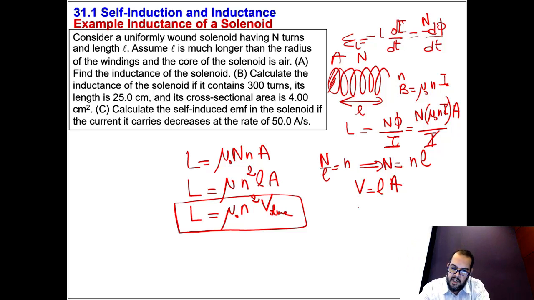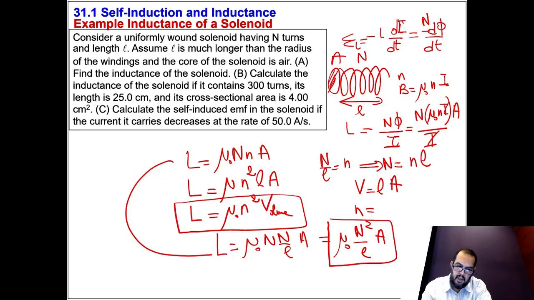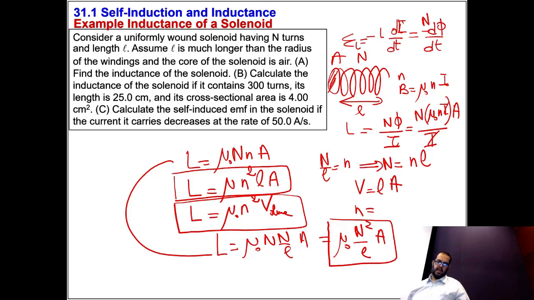I can also write that small n is equal to N over L. So I can write this here, L is equal to mu 0 N times small n divided by L times A. So it will be mu 0 n squared L times A. So any of these equations will do. Okay, and probably this one is the easiest to remember. So it's mu 0 n squared L A.